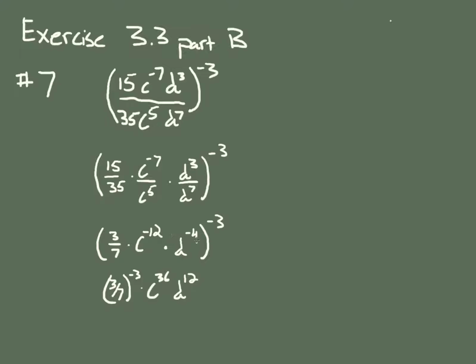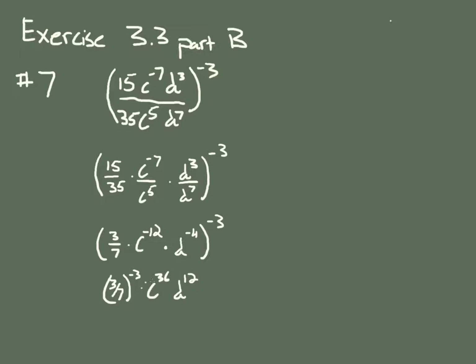Here's a reminder of the rule: when I'm distributing this outside exponent into parentheses, I multiply by each of the exponents, not add them. I only add them if two similar things are being multiplied together. So if I had c times c, then I would add the exponents. When it's being raised, you multiply the exponents.